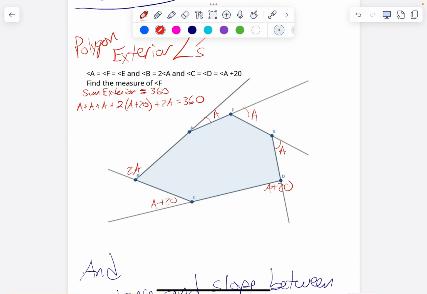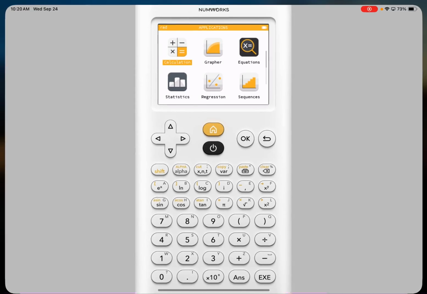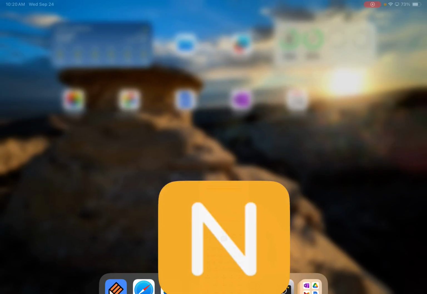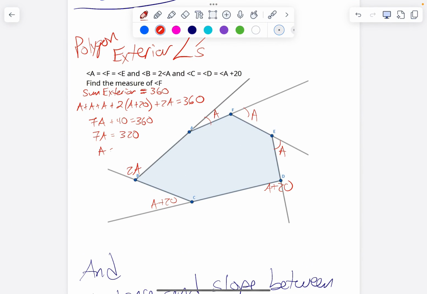And now it's just an easy little solve. So we get 3A, 5A, 7A, and 40 equals 360. 7A equals 320. 320 divided by 7 is 45.7.